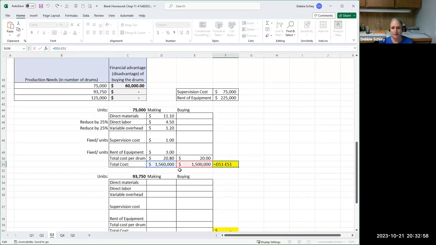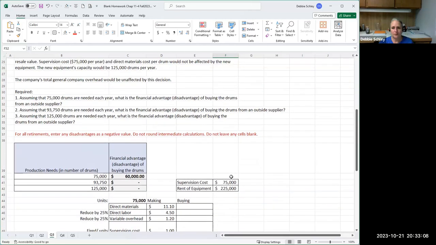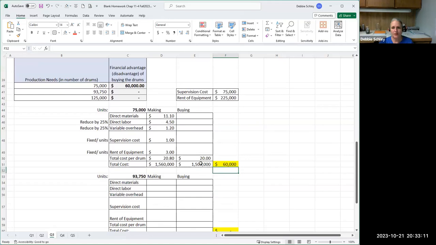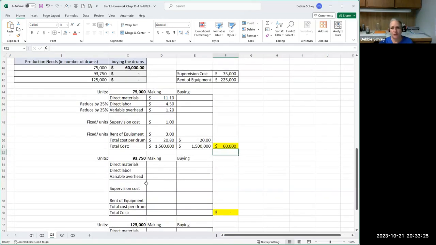So I took making minus buying equals 60,000. Right? So that's an advantage because making costs 60,000 more than buying. So buying is a $60,000 advantage for 75,000 drums. Okay. So I'm going to do the same thing, only I'm going to stop scrolling so far and I'm going to just copy down these numbers.